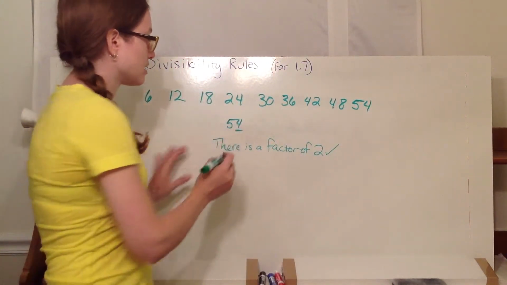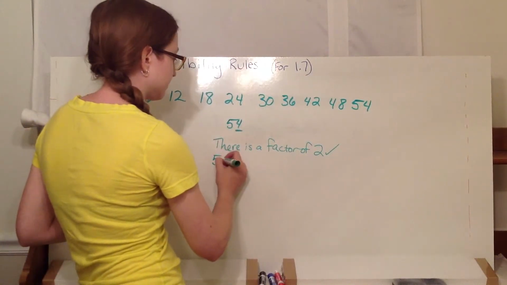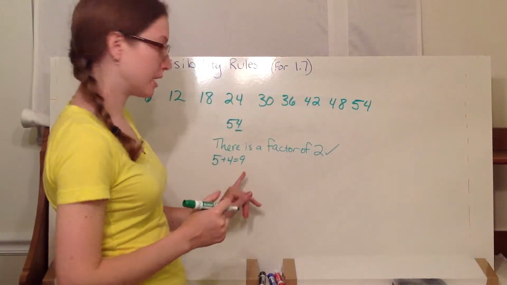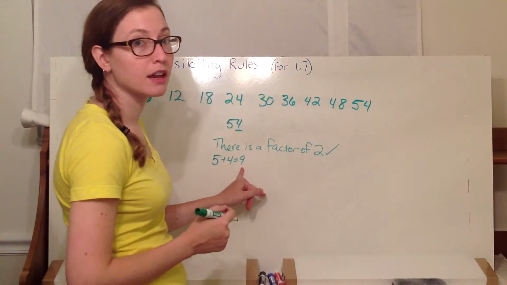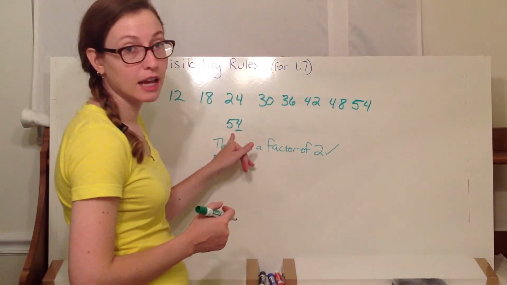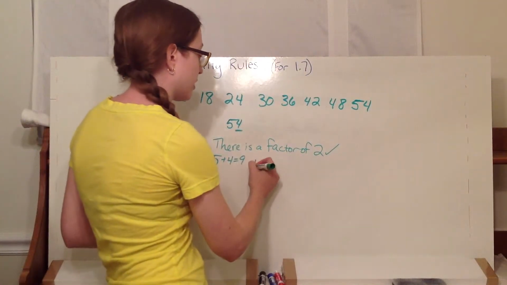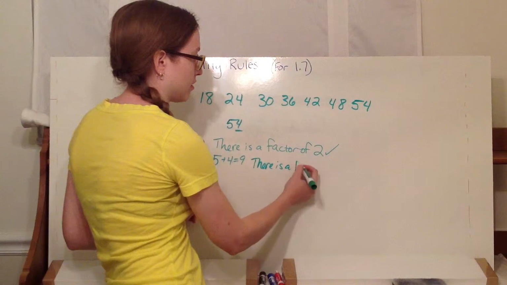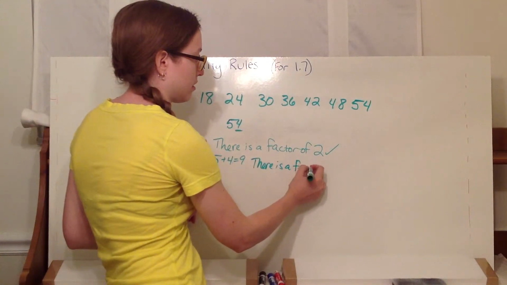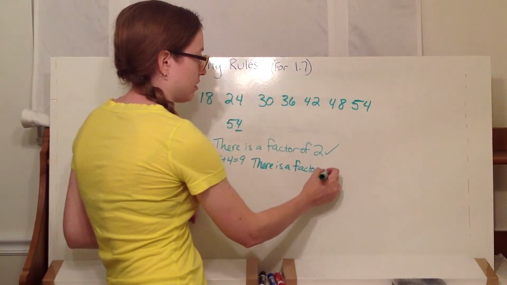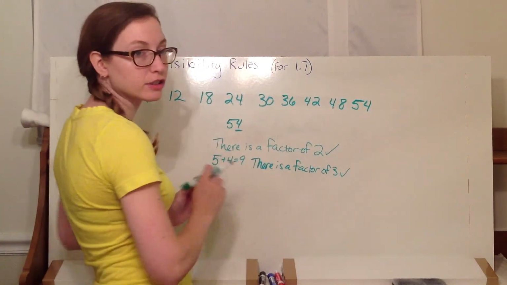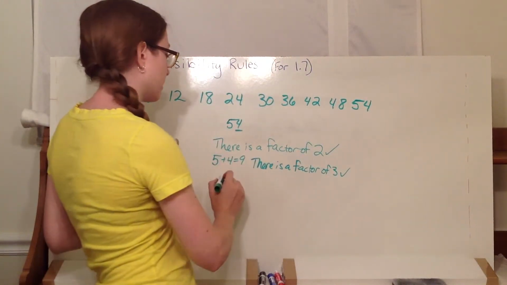And 5 plus 4 is 9, and there's a 3 in 9, therefore there's a 3 in 54, so there is a factor of 3. So we know there's a factor of 6 in the number 54.